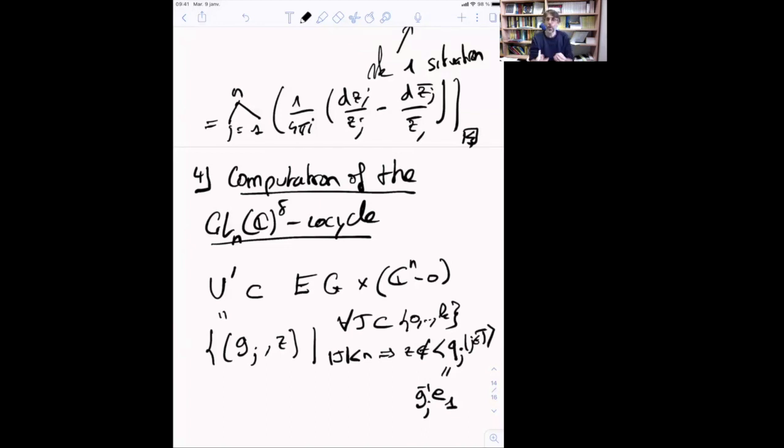So if you want, what we have done here is we have taken one of the deepest points in the boundary at infinity, the one that corresponds to the line spanned by E1. And so we have moved the base point to this line.